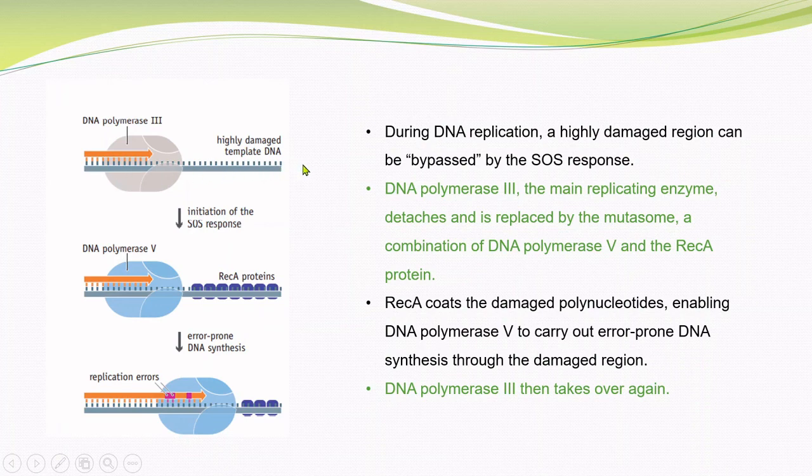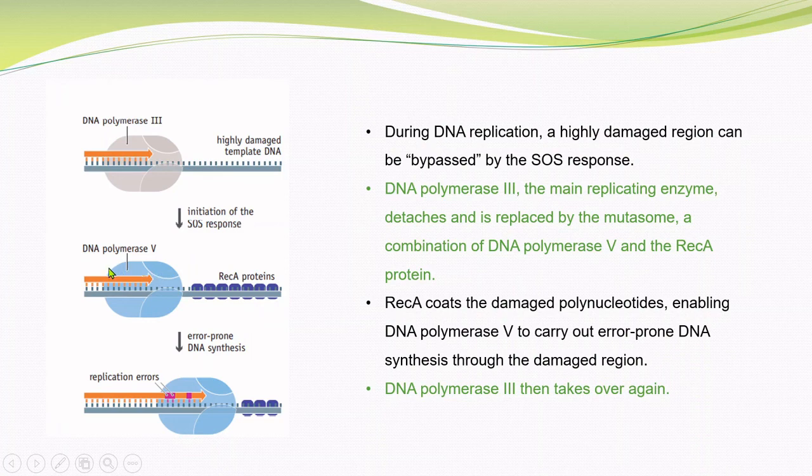This is the DNA polymerase 3 enzyme. As it is moving on this template, as soon as it reaches this highly damaged DNA part, it detaches. And as it detaches, this enzyme is replaced by another enzyme which is called a mutosome.